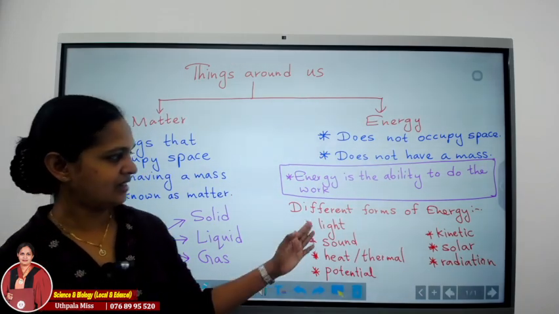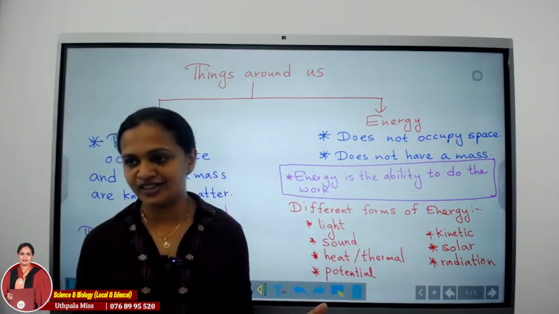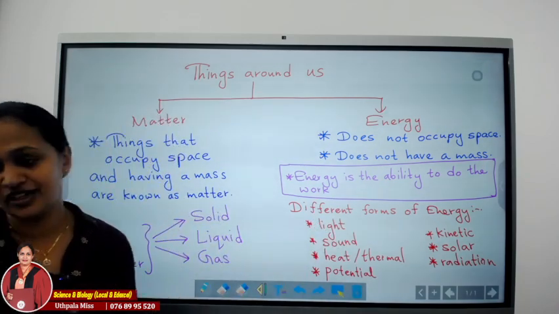So there are different forms of energy and there are different sources of energy. The Sun is the main source of energy we have.